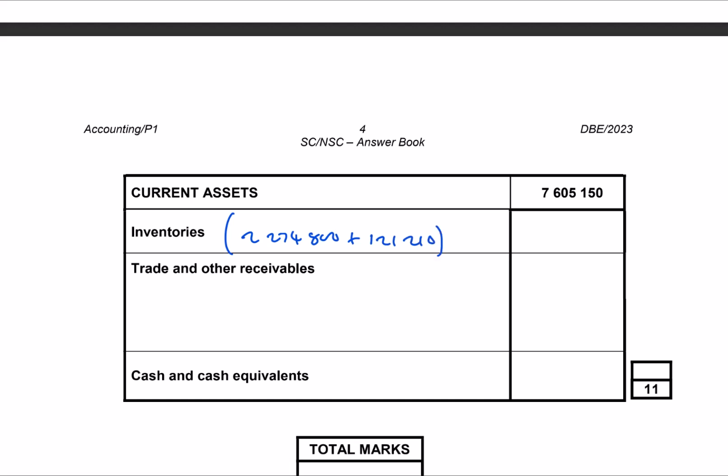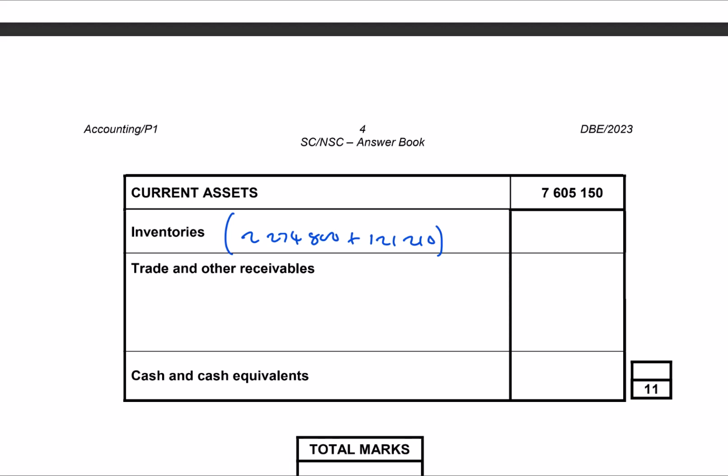That will be your inventories. Right, there's nothing that you need to add there. That will be your straight inventories because you don't have any consumable stores in hand. Then trade and other receivables. I remember when I said earlier they want 130,000.